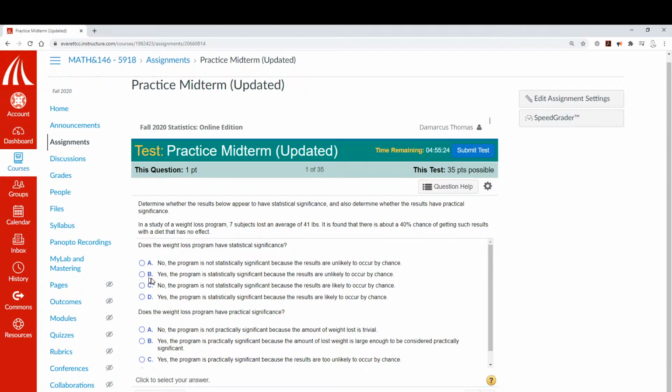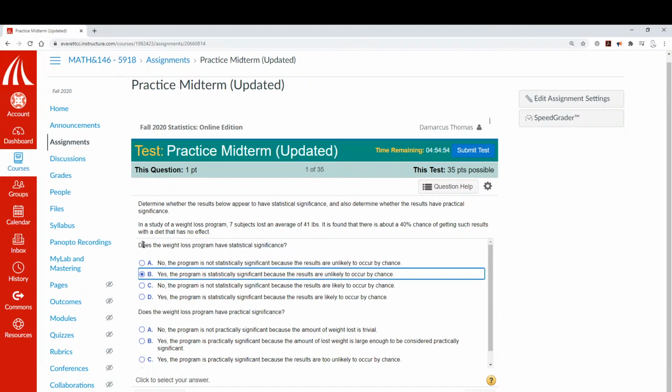So what we'll do is say the program is statistically significant because the results are unlikely to occur by chance. All right, now if there were an 80 to 90% chance of getting these results, then probably the weight loss program had no real effect.